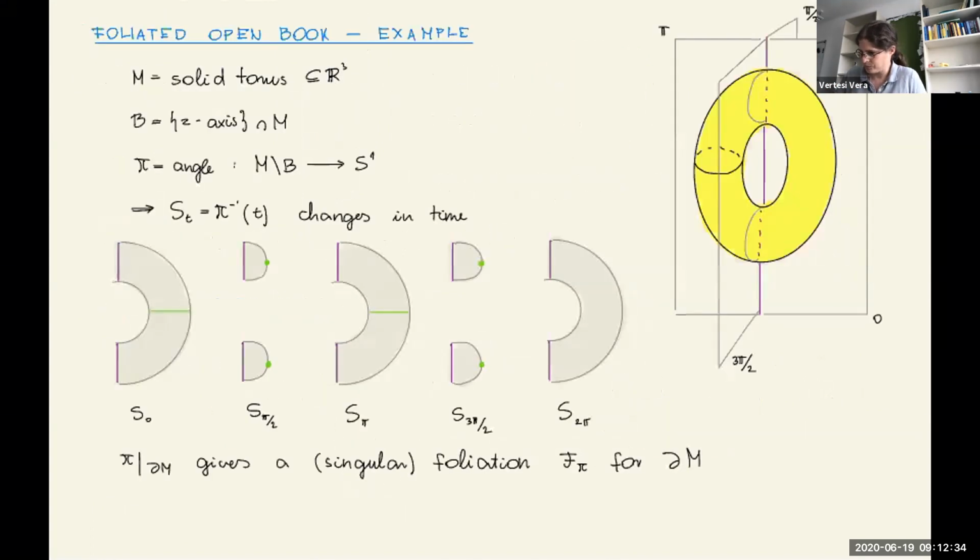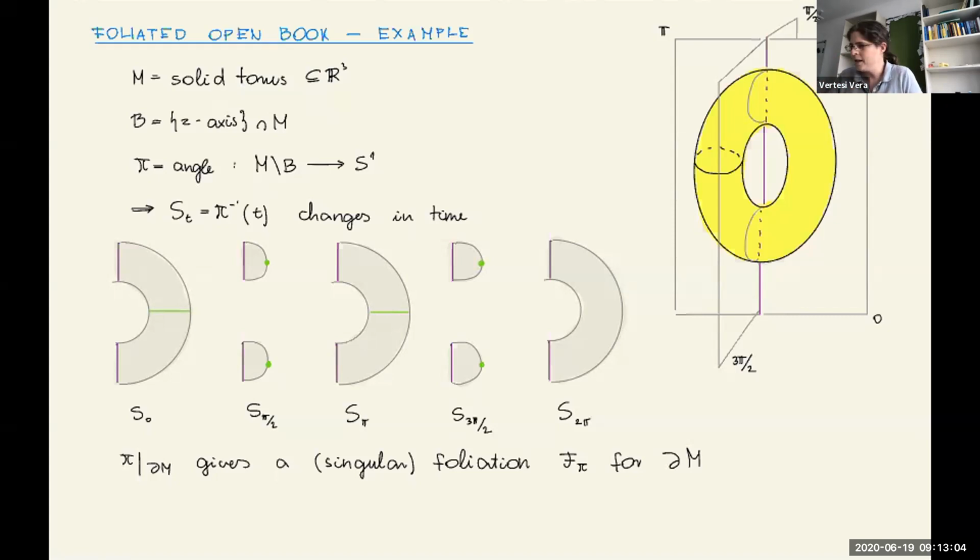Okay. And then here comes our first example of a foliated open book. This is usually how you should be thinking of foliated open books. You take a 3-manifold with boundary, which is embedded into a closed 3-manifold which has an open book already.